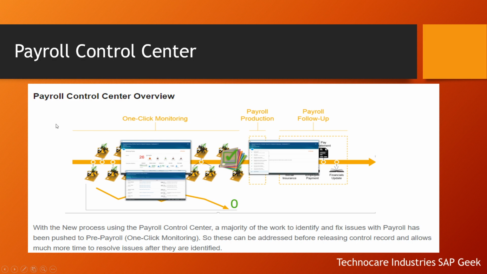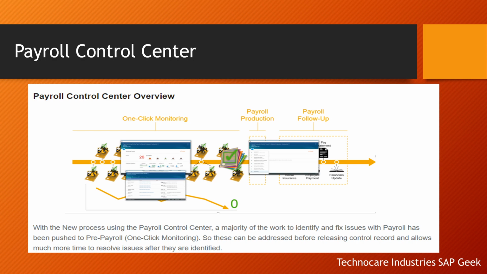So again, the main change in payroll control center is that the identification and fixing of issues related to master data has been pushed to a pre-payroll activity called one click monitoring.